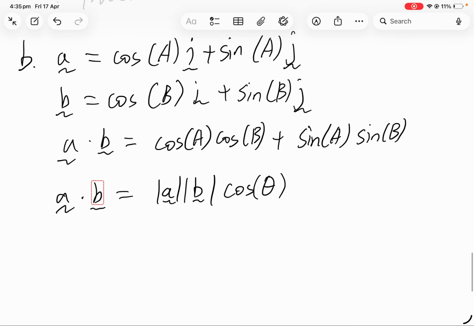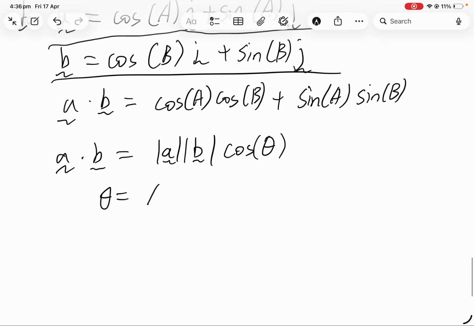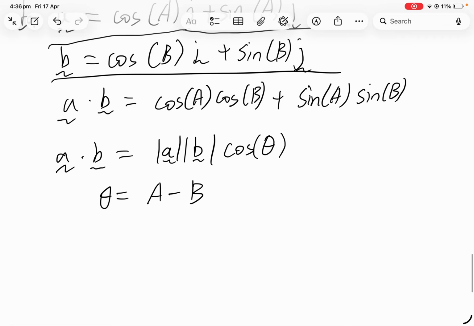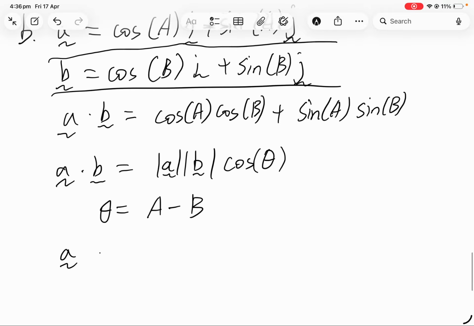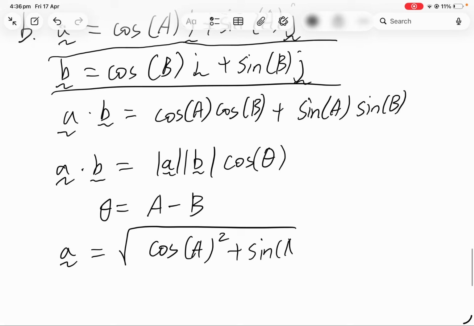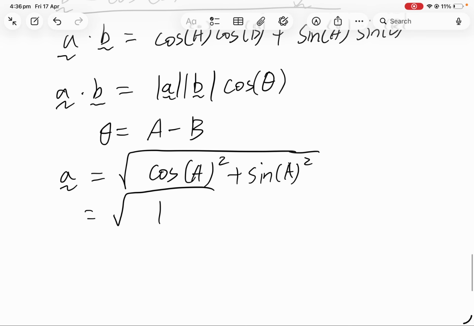So basically, this just means that vector a is going in the direction of A, and vector b is going in the direction of B. So we should know that theta is just A minus B, and the magnitude of vector a is just the square root of cos squared A plus sin squared A, which is just the square root of 1, which is just 1.